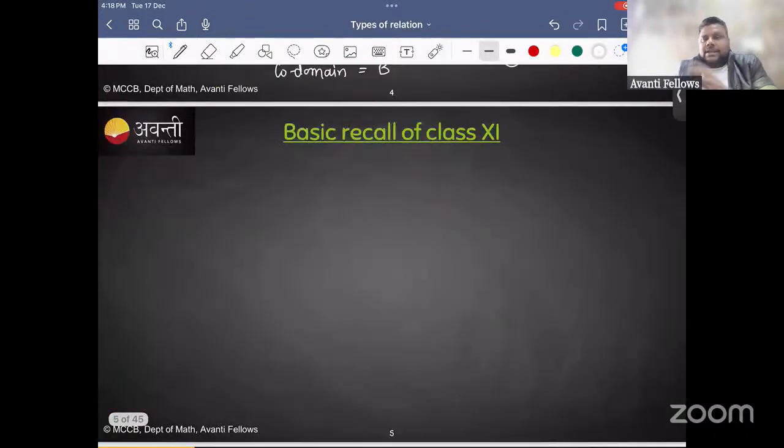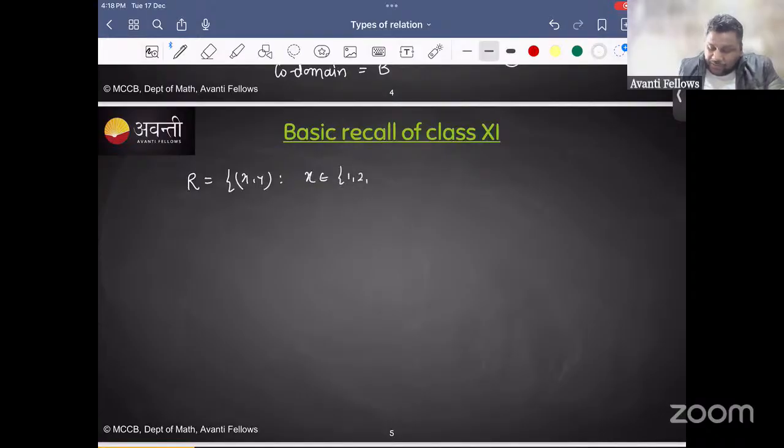Now see, let's write a relation. A relation R is {(x, y) such that x belongs to {1, 2, 3, 5}, y is 3x minus 1}, and y belongs to Z, which is also given.